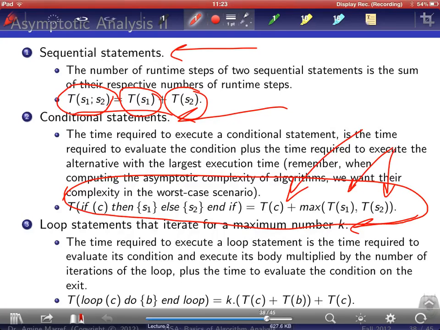So it's this condition evaluation n times, 10 times in this case, the body of the loop 10 times as well, and one extra condition. I usually will not penalize you if you don't include this, because it's just one extra step and it doesn't really affect the execution time that much. So the execution time of a loop is the time it evaluates the condition plus the time it evaluates the body multiplied by the number of iterations of the loop plus an extra evaluation for condition before the exit of the loop.